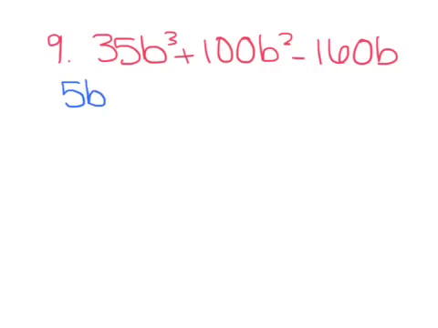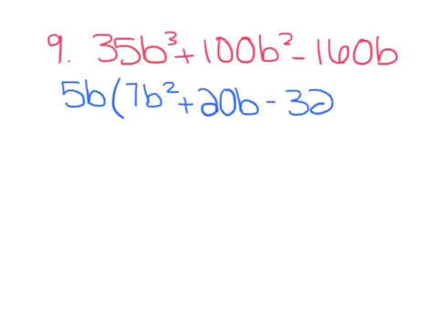So you take out 5b, we have 7b squared plus 20b minus 32. So that's the first part. Factor out the GCF. But now we need to factor completely.